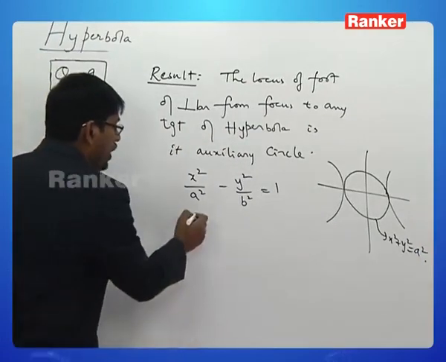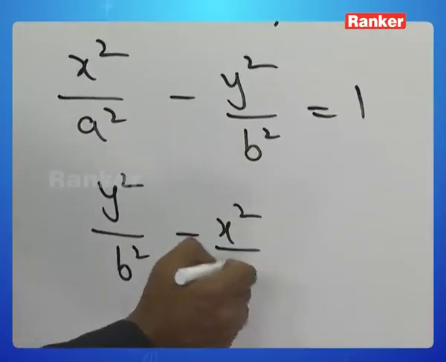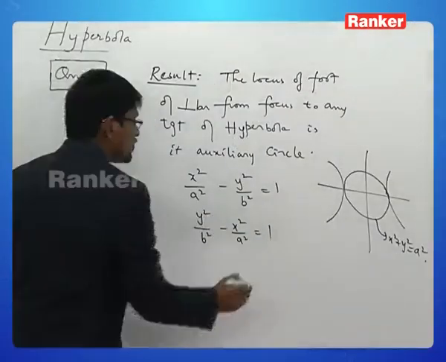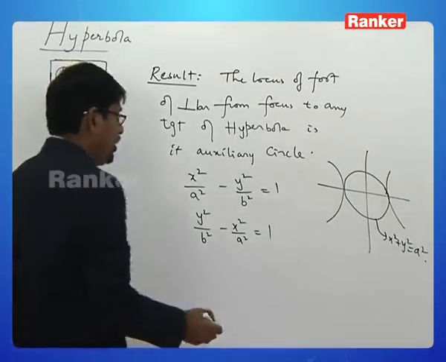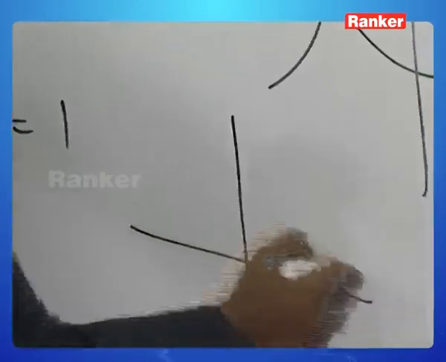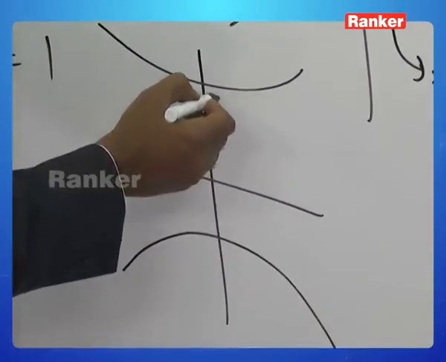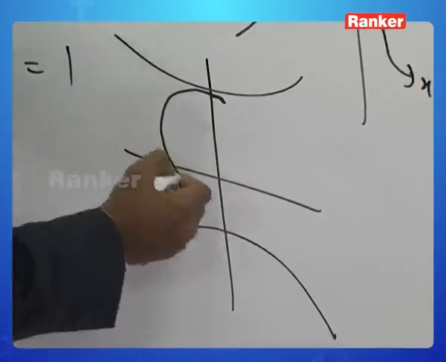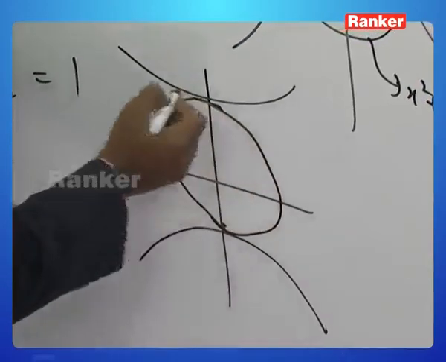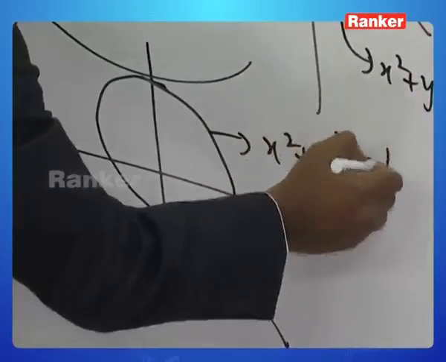And if it were to be y square by b square minus x square by a square is equal to 1, then I would have had the auxiliary circle like this. That would have been again x square plus y square is equal to b square.